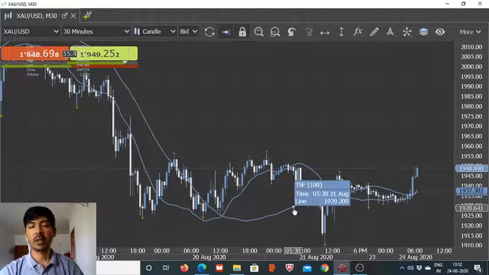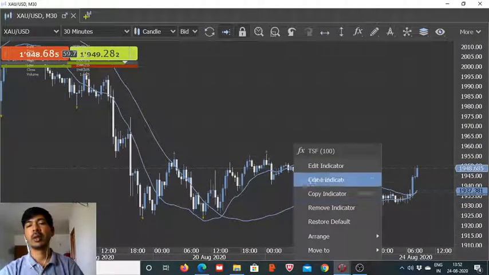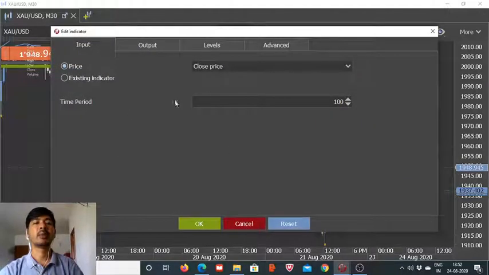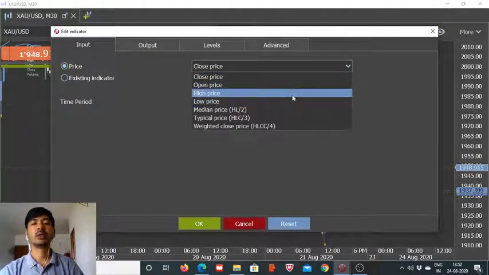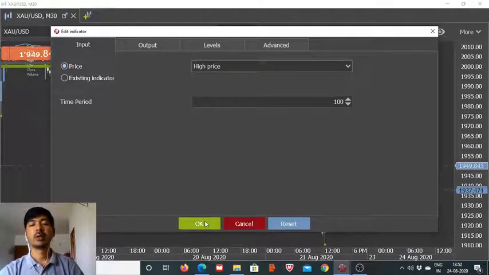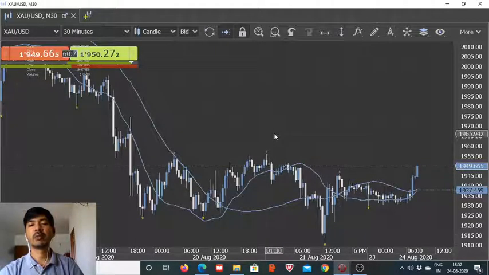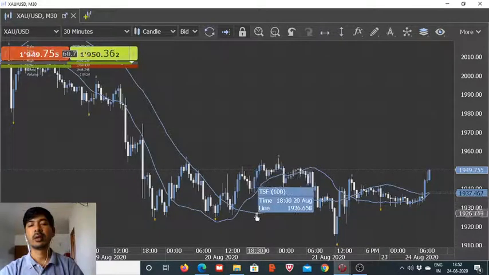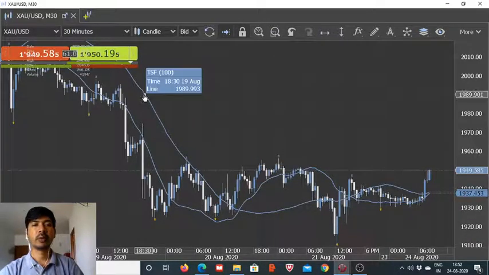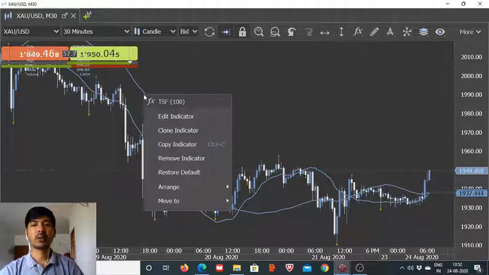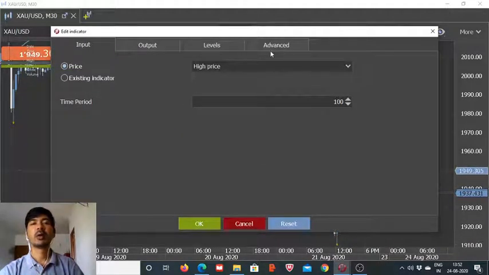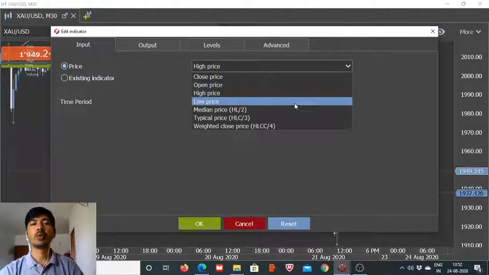And now this indicator, as you can observe, is having the applied price of closing levels. If I change this to high price, you will see the TSF value moving higher. So here we will again change this TSF 100 high level to the low price.